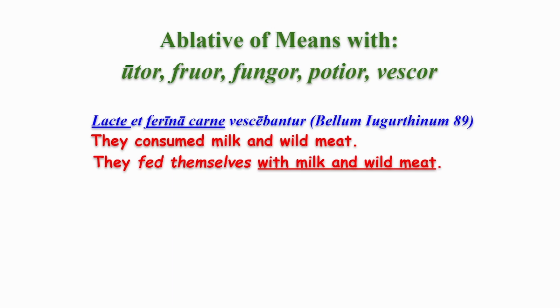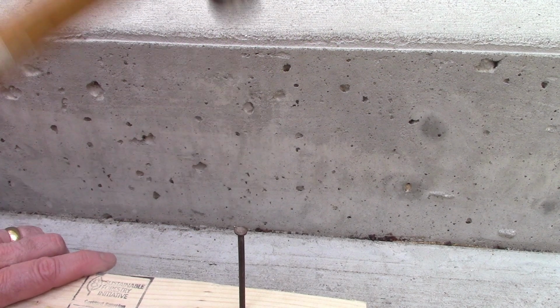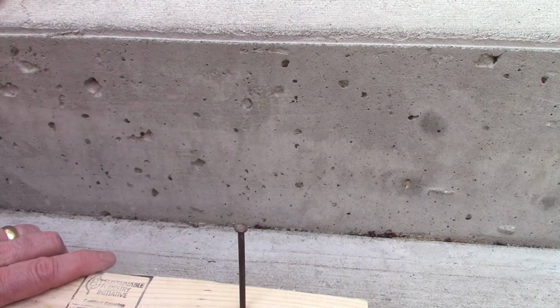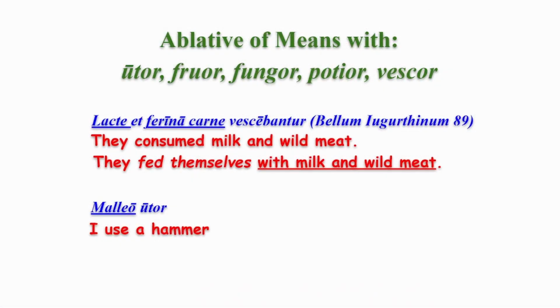They fed themselves by means of milk and wild meat. In like manner, if we return to an earlier example, I use a hammer. Originally, utor would have meant something like I employ myself. I employ myself by means of a hammer.